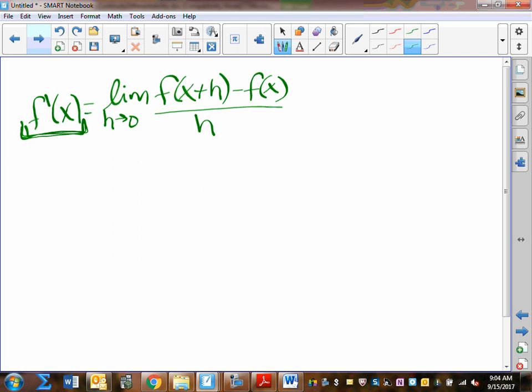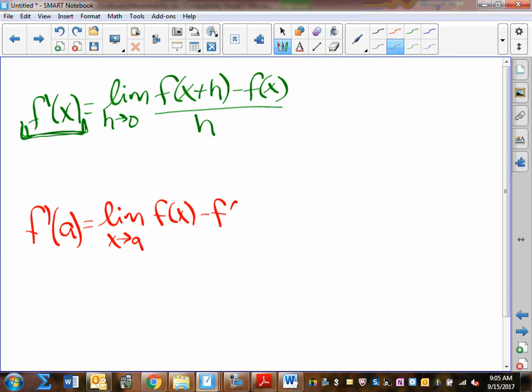And then our other one that we had, f prime of a, which is the limit as x approaches a of f of x minus f of a over x minus a.